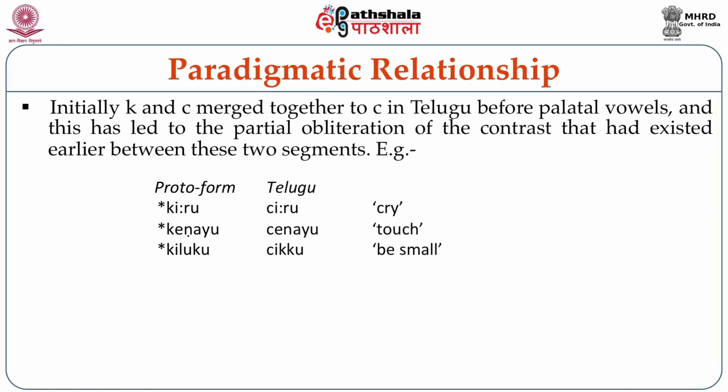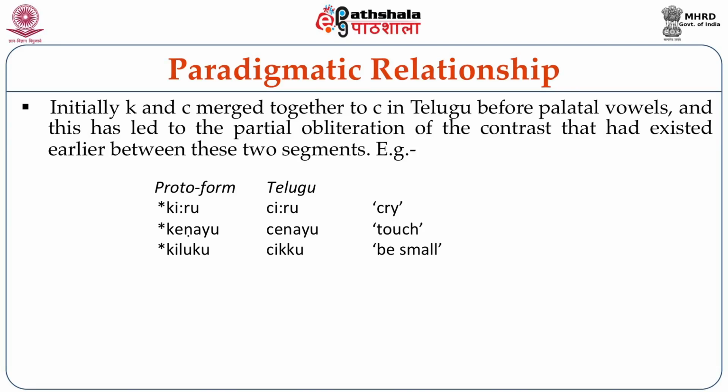Then initially, Ka and Cha merged together to Cha in Telugu before palatal vowels, and this has led to the partial obliteration of the contrast that had existed earlier between these two segments. For instance, the protoform Kiru changes in Telugu to Chiru, means cry, so Ka changes to Cha before palatal vowels.